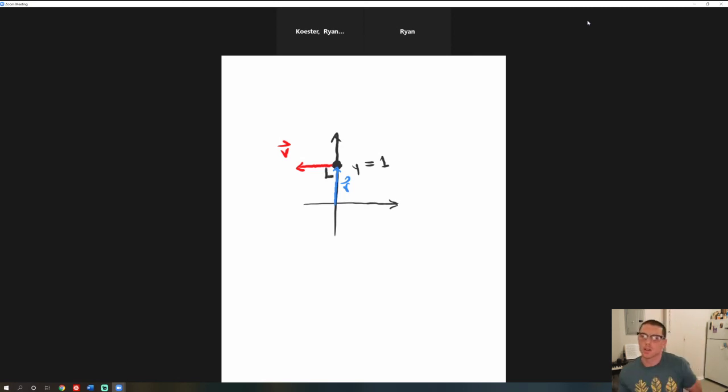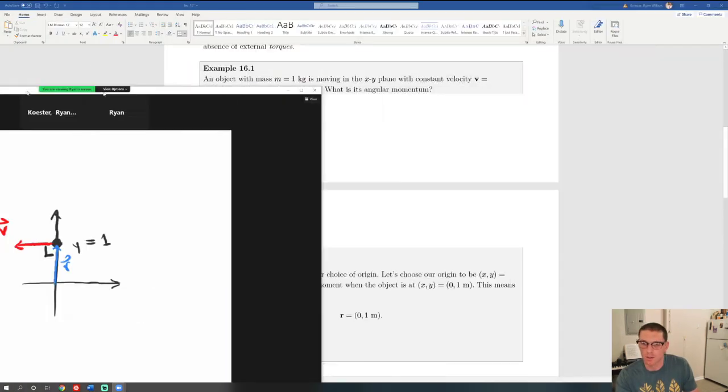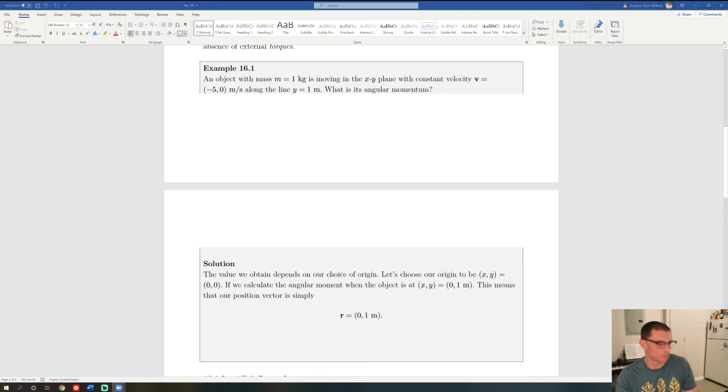So to figure out the orbital angular momentum for this choice of origin and location of the mass, for the magnitude it just becomes rmv. Let me do that really quickly.